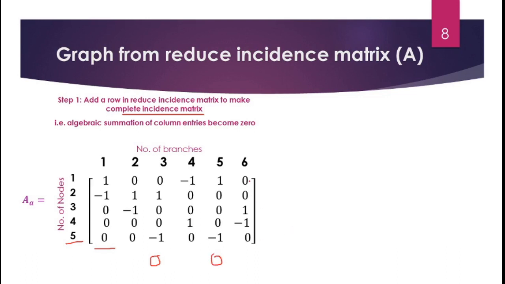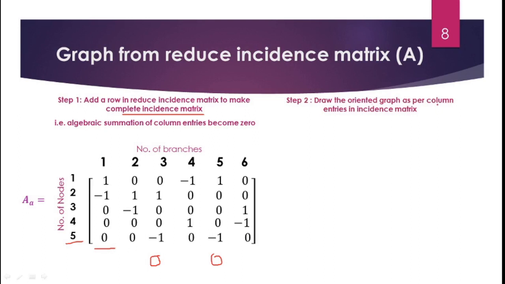And for column 6, it is 1 minus 1, so it is 0. So we add the fifth row with entries 0 0 minus 1 0 minus 1 0, so it becomes a complete incidence matrix. And once we get the complete incidence matrix, we can easily draw the graph. How does it become?